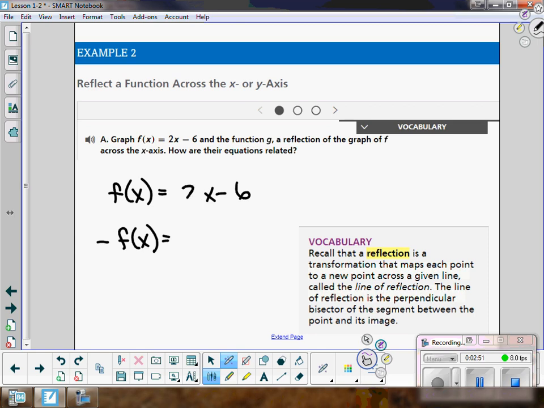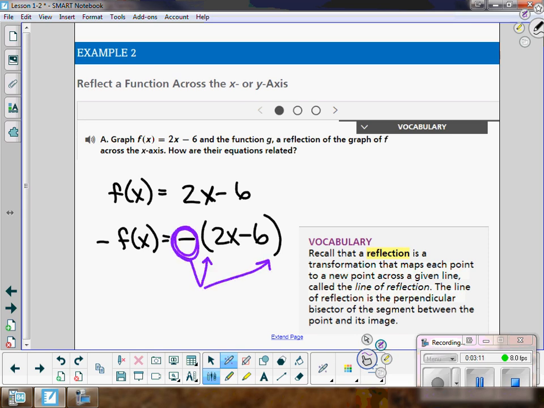The slope was 2. So to flip it downward or upside down, you want to put a negative sign in front of the whole function. Again, negative sign in front of the entire function.